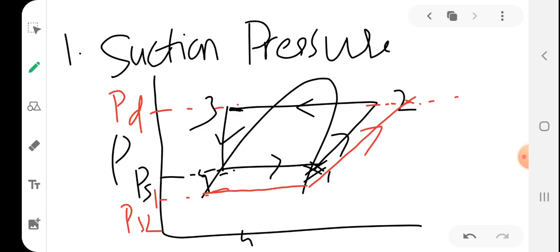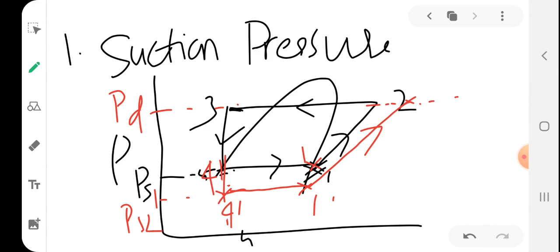So what will be the effect? The starting point is this one itself. So this is 4 dash. This is 1 dash. This is 1. 4 to 1 was the initial evaporation or refrigeration.